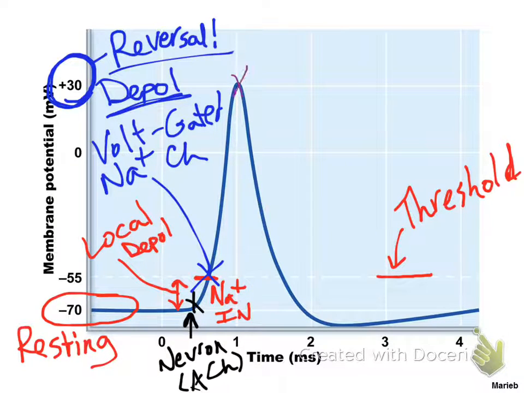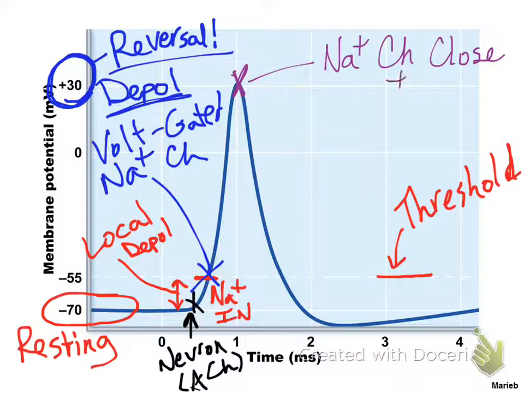So right here at the top of the curve, what changes now? The sodium channels close. That's exactly right. And? Right. And so if these potassium channels are opening, that means they must be gated. What's causing them to open? The voltages.